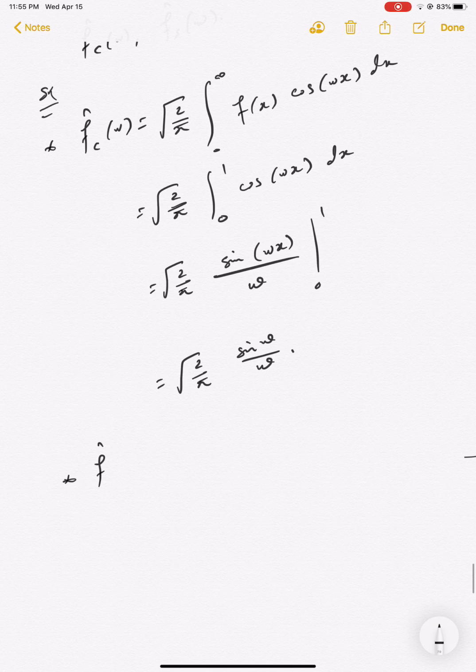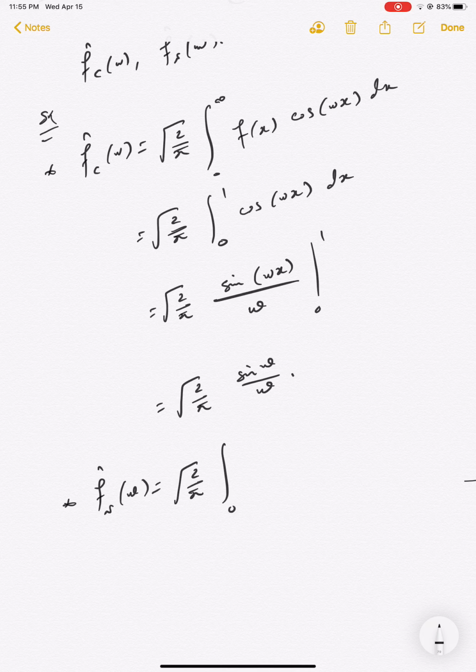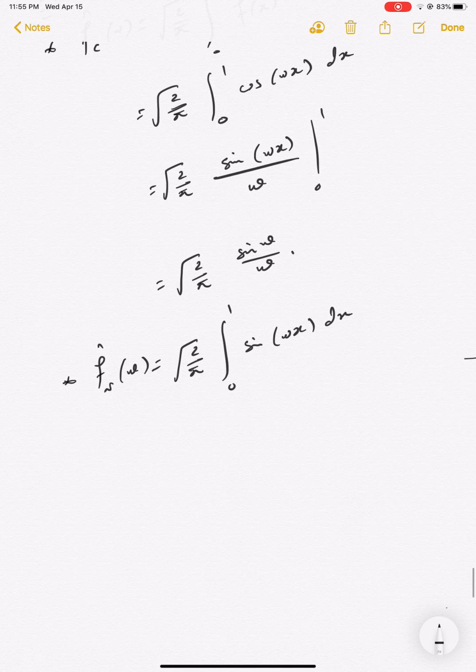What about the Fourier sine transform? It is equal to the same thing, but the integral from 0 to 1 times the sine. It's exactly the same computations, which is the root. So what is the integral of sine?